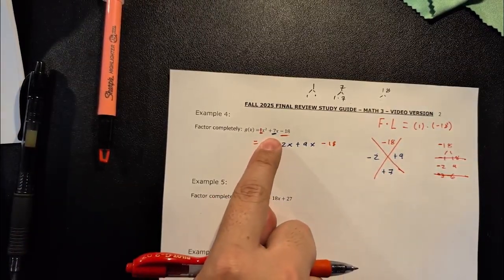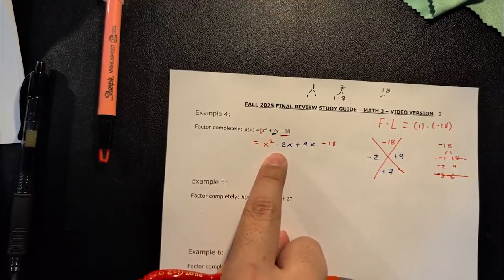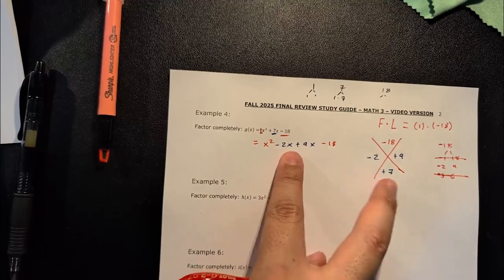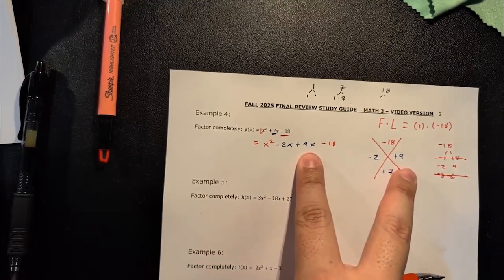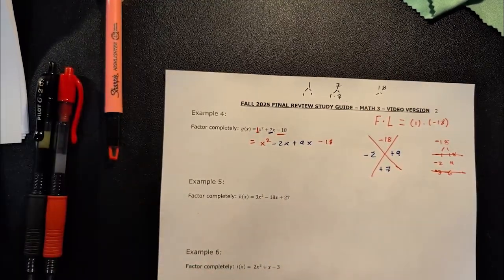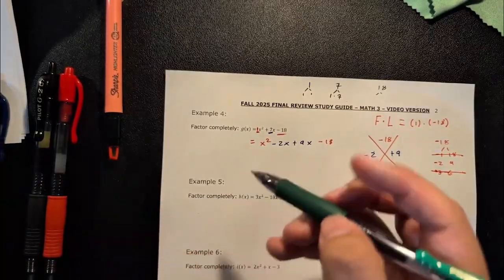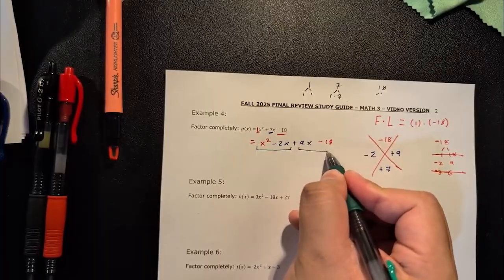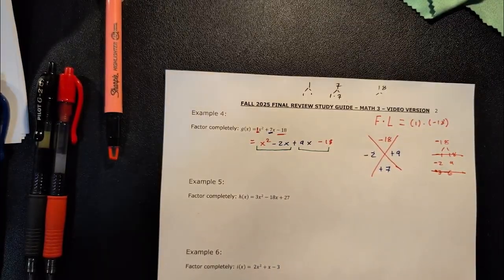So we replace 7x with negative 2x and plus 9x. Now this is going to lead us into factoring these two.